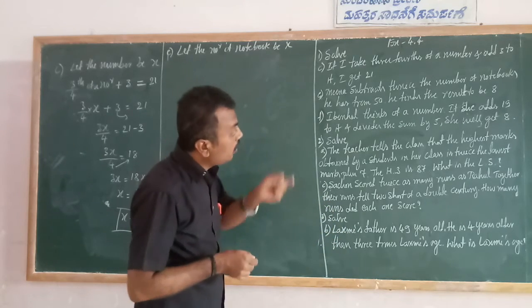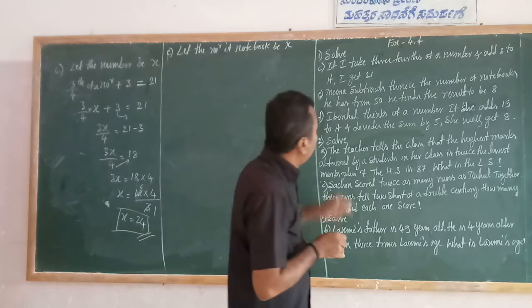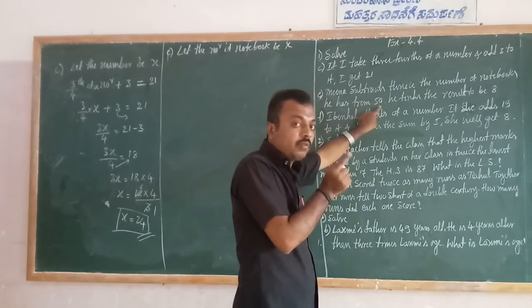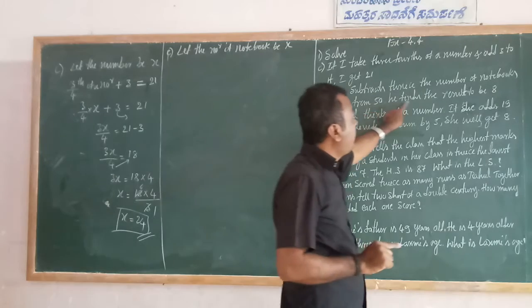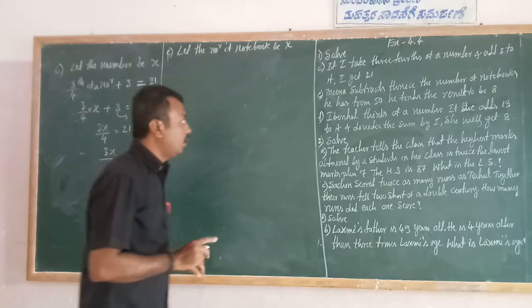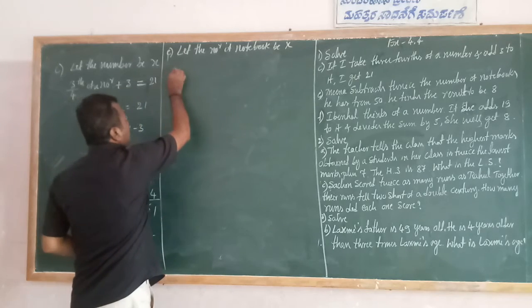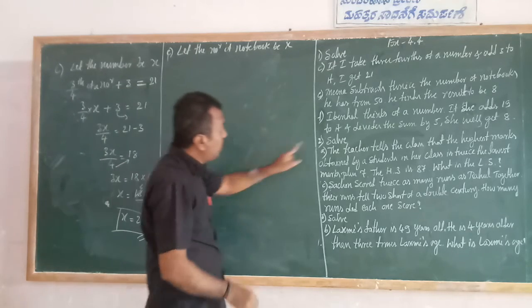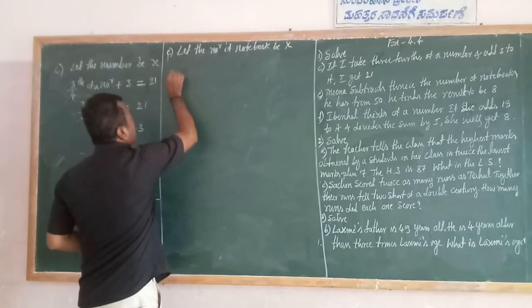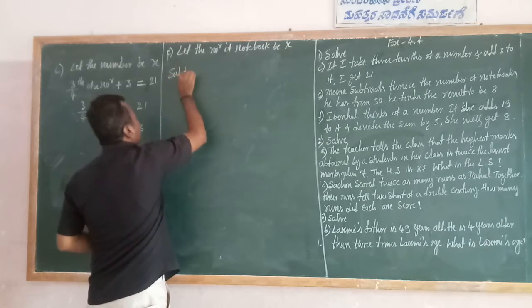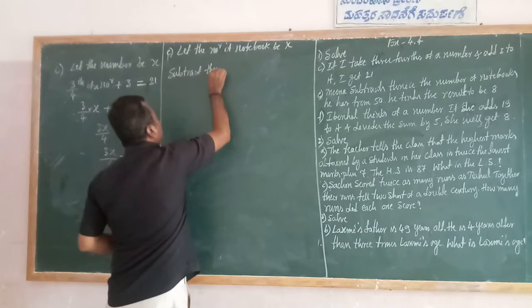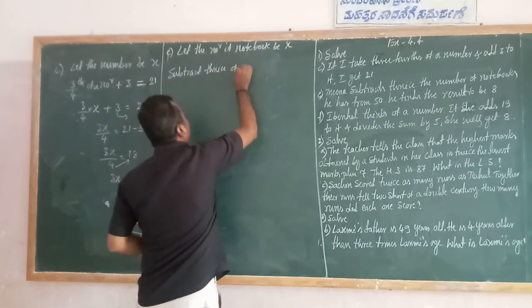So thrice the number of notebooks he has is subtracted from 50, and he finds the result to be 8. So the result we get is the number 8. We have to subtract from 50, so first we write 50.